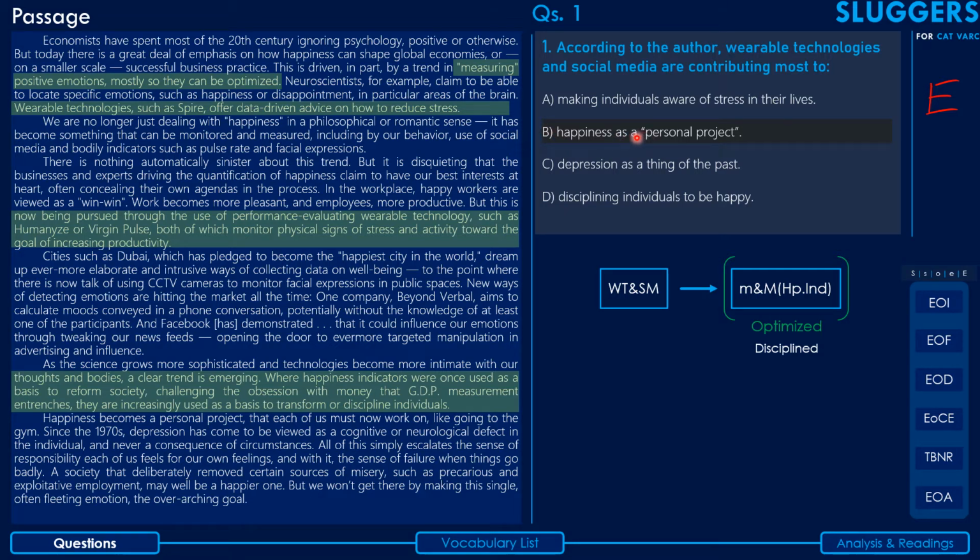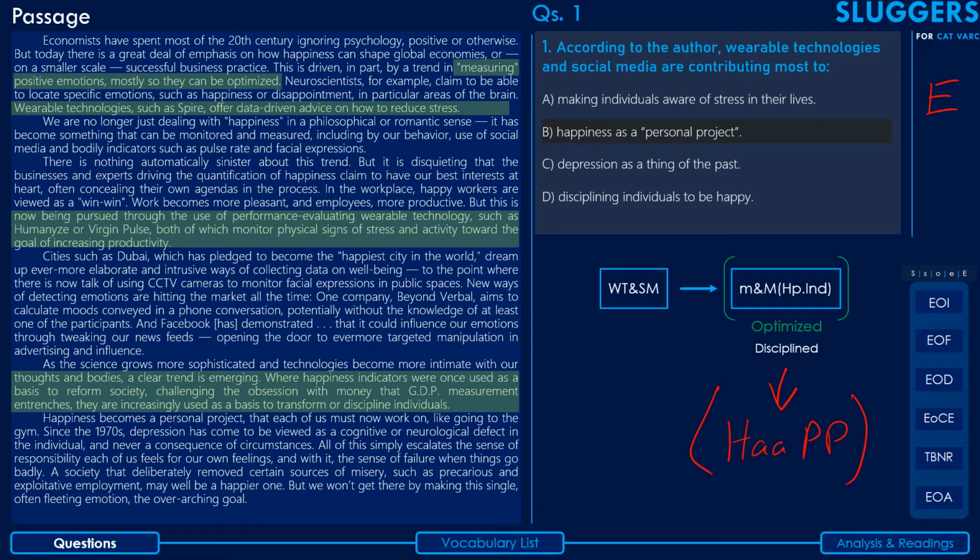There is still a second problem, which is that happiness as a personal project, guys, is actually a result of this optimization and this disciplining. Individuals taking up happiness as a personal project is basically something that happens as a result of this pressured optimization.